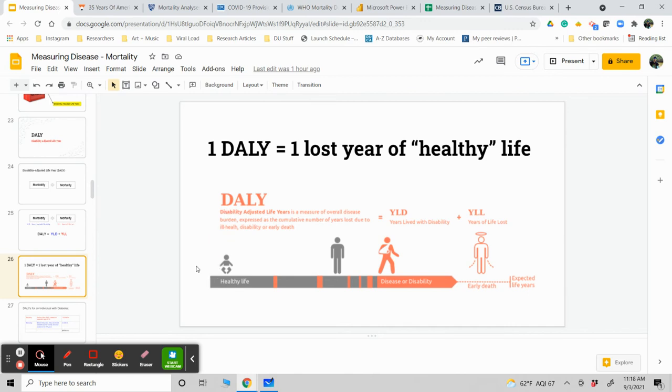So if we have a country where 75 is the expected number of years to live, and someone dies when they're 5, they've lost 70 DALYs. They die when they're 70, they've only lost 5 DALYs. So it's a way of showing the burden of child mortality. The higher the number of DALYs means either more people are living with disease longer, or you have a higher infant mortality rate.